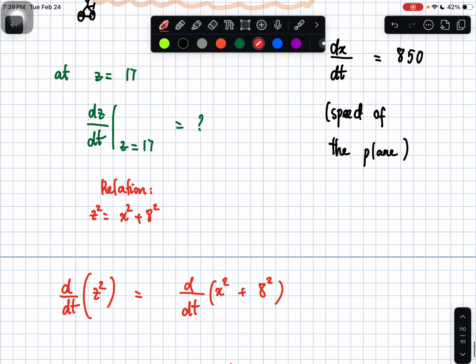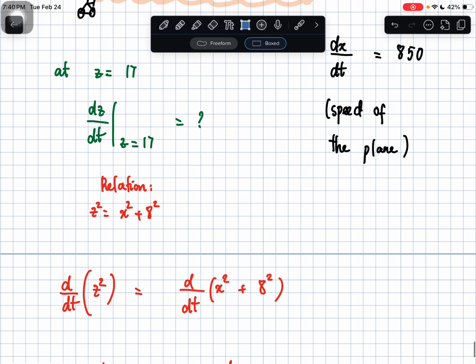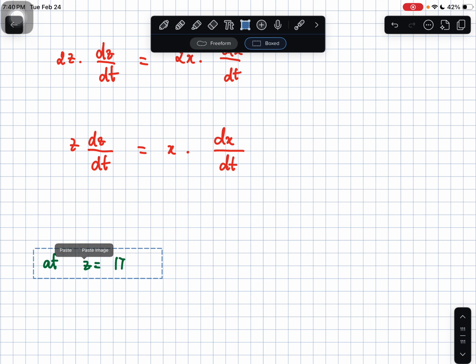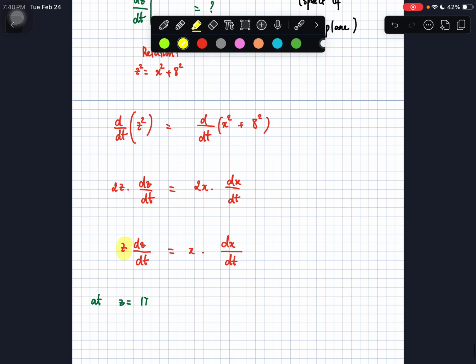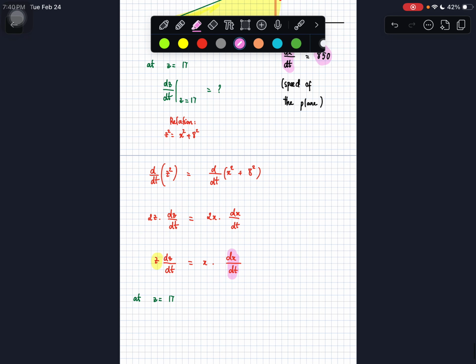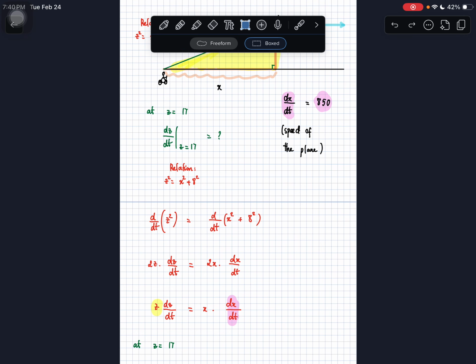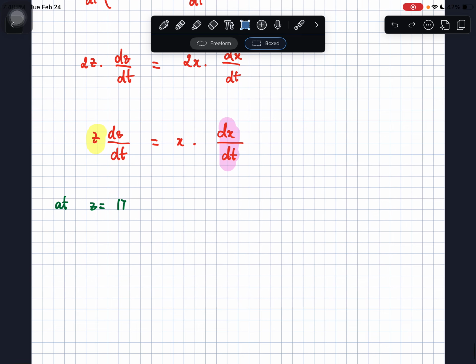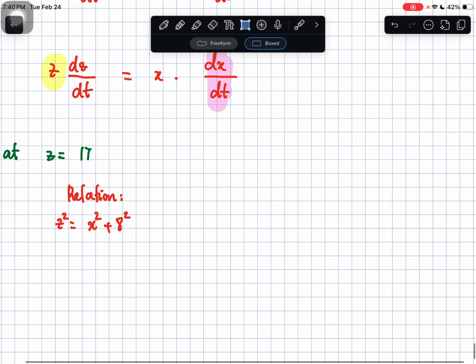Now we look at the terms when z equals 17. So this term we know, 17. We know dx over dt, this is 850. At this time we can compute the value of x because of this relation. We know that x and z are related by this one.